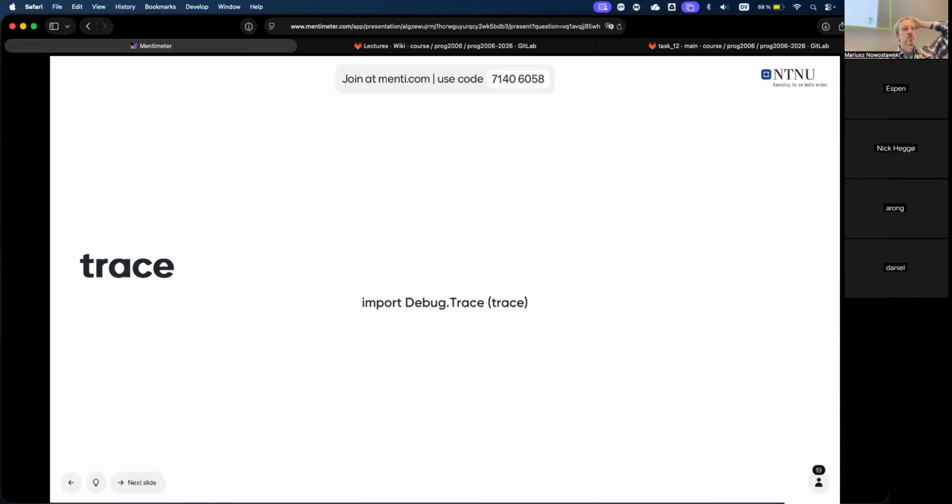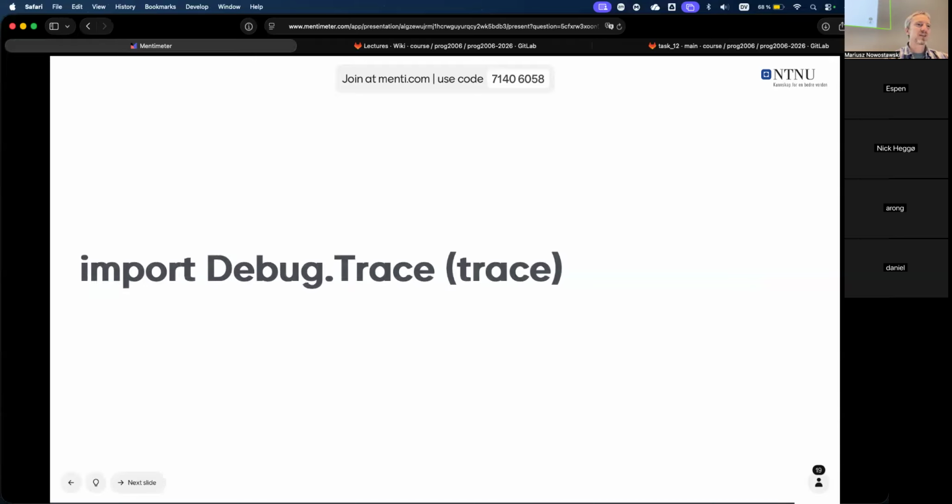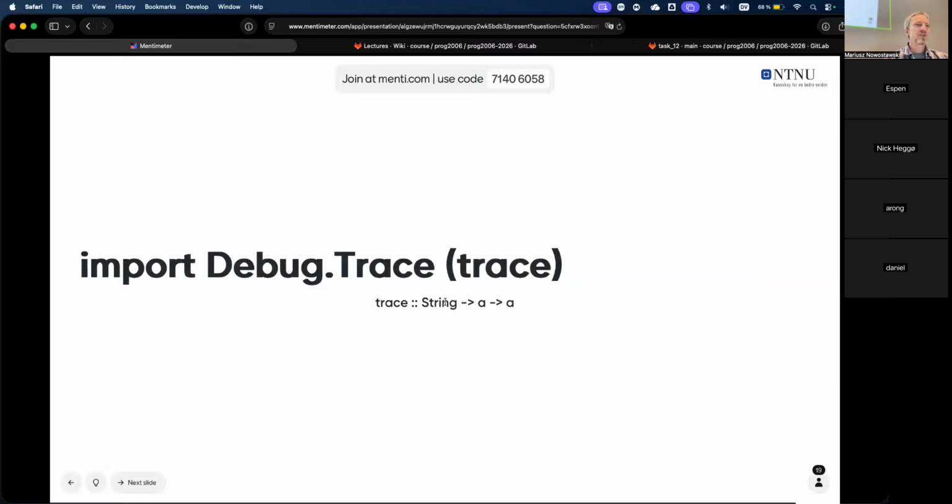There is a hack which is called trace. It's inside Debug.Trace, and it is sort of like a print line statement which you can sprinkle into your code. It is a little bit fun to work with because the trace function is quite interesting. It basically takes a string and a value, and it returns a value.